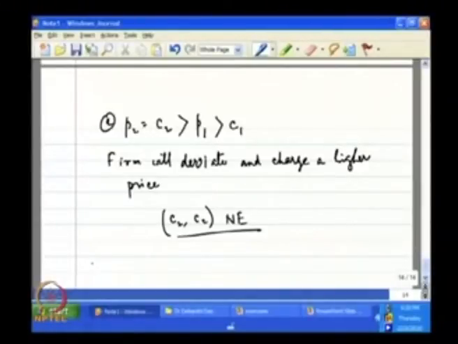Okay, let us now come to the second part of the question. Show that no Nash equilibrium exists if the rule for splitting up consumers when the prices are equal assigns more consumers to firm 2 when both the firms charge C2.